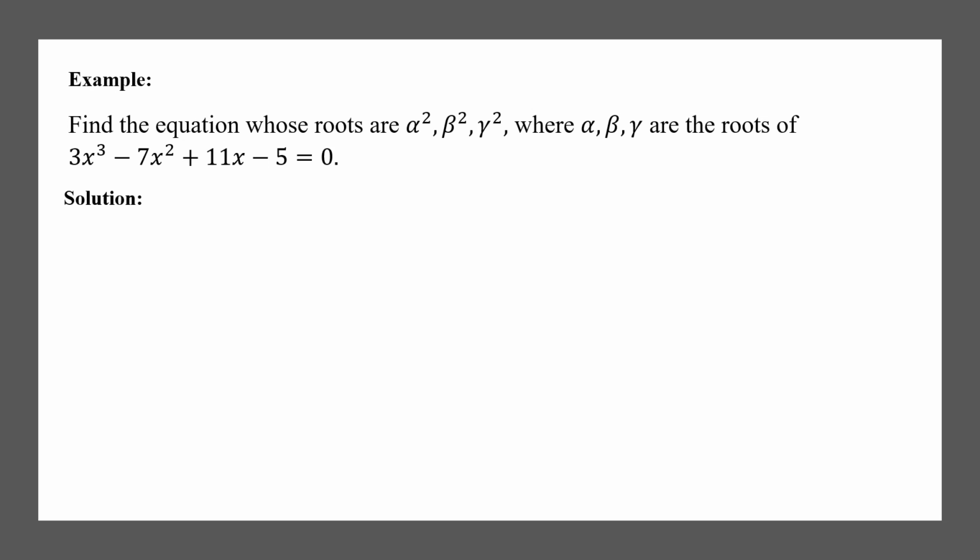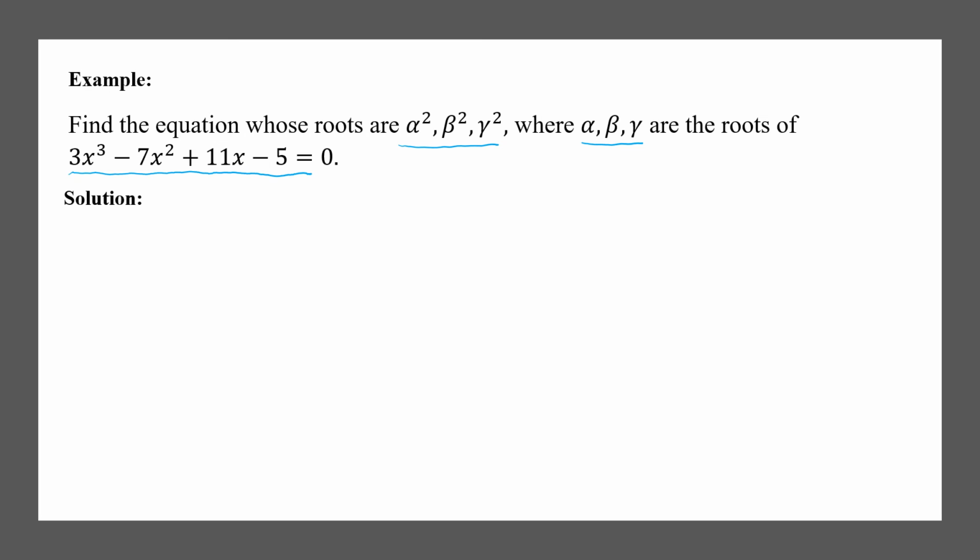Now let's take an example to see how we can use the relationship between roots to find the new equation. So in this question, we are asked to find an equation whose roots are alpha square, beta square, and gamma square. The original equation that is given to us is 3x cubed minus 7x squared plus 11x minus 5 is equal to 0, whose roots are given as alpha, beta, and gamma.